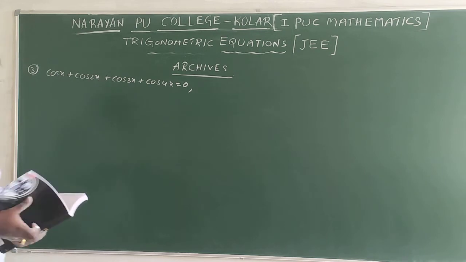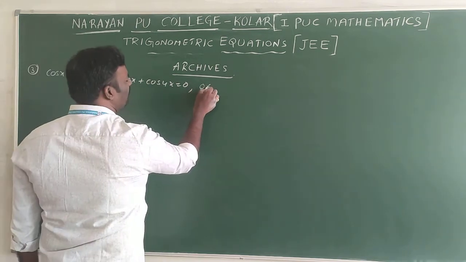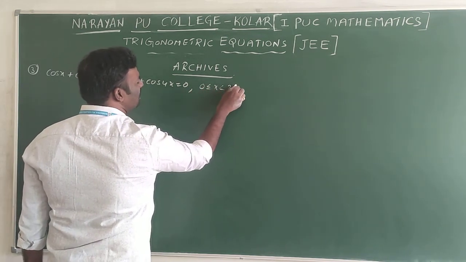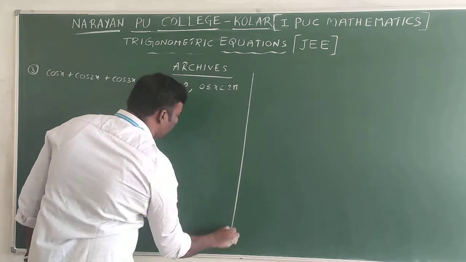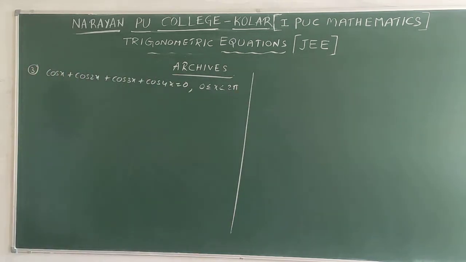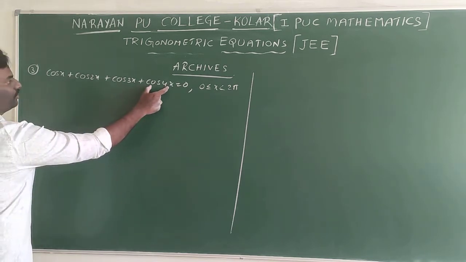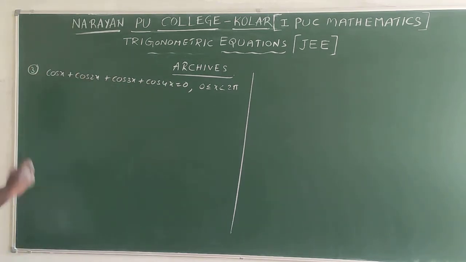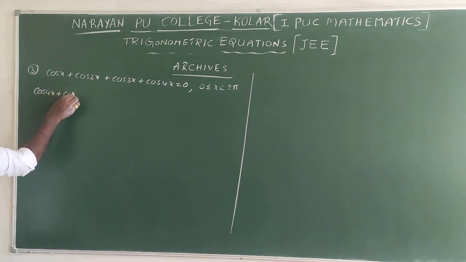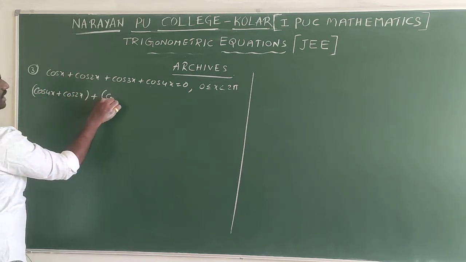Here the given condition is 0 less than or equal to x less than 2 pi. Okay, so first here I am taking 4x and 2x. Next I am taking cos 3x plus cos x.